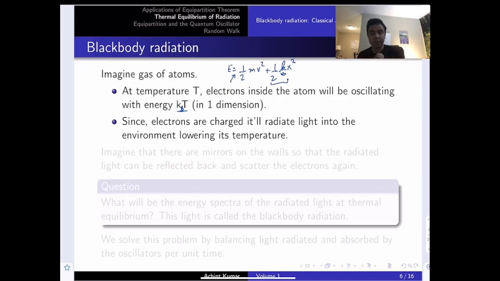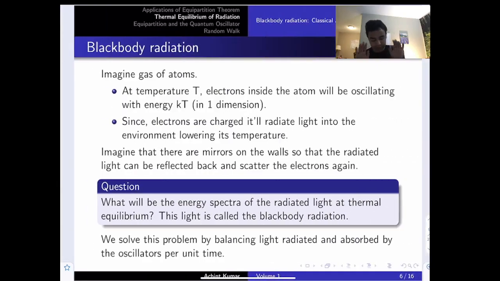For example, a stove top radiates light, loses energy and lowers its temperature. Now, imagine, however, that there are mirrors on the wall of this gas of atoms. So the radiated light gets reflected back and scatters the electrons again. So there is a way to feed the energy back to the electrons of the atom.